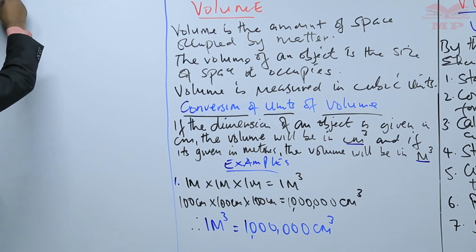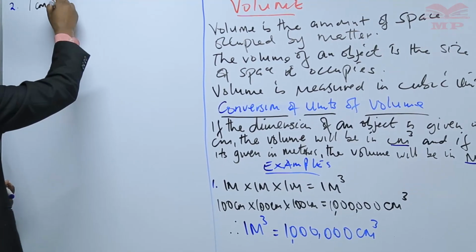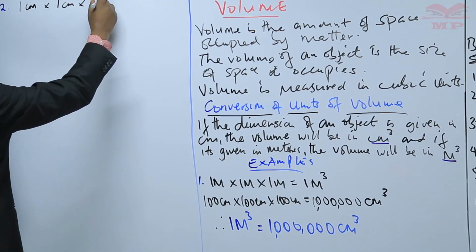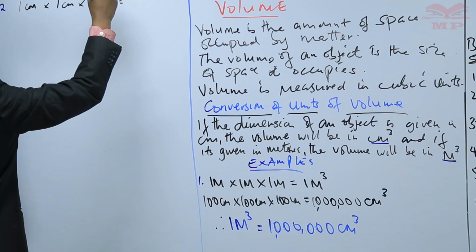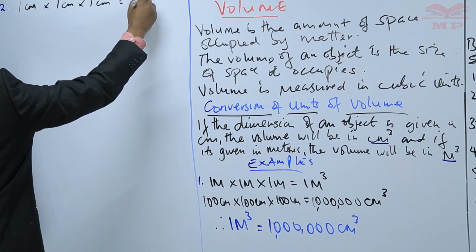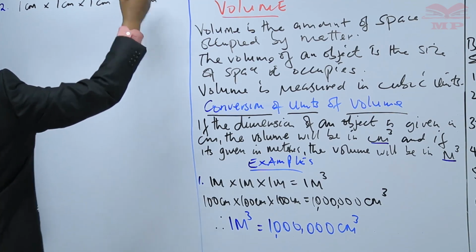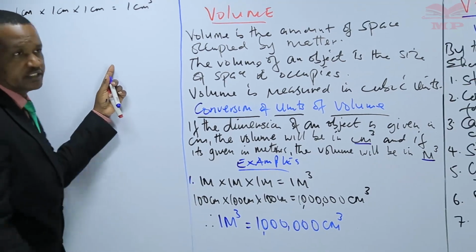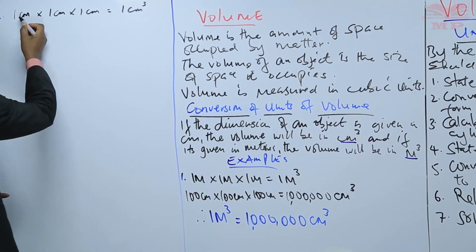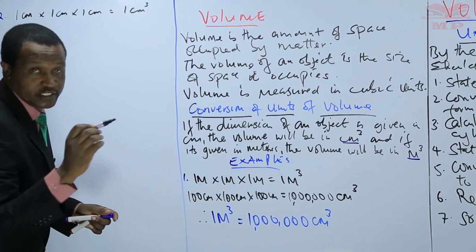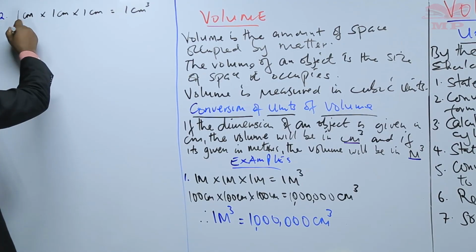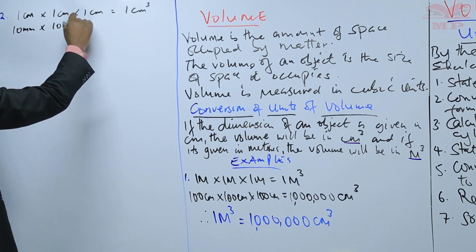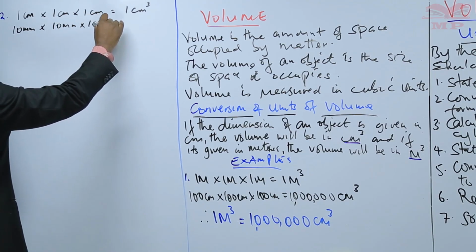1 centimeter times 1 centimeter times 1 centimeter is equal to 1 cubic centimeter. This we can convert into millimeters. We know that 1 centimeter is equal to 10 millimeters. So we have 10 millimeters times 10 millimeters times 10 millimeters.